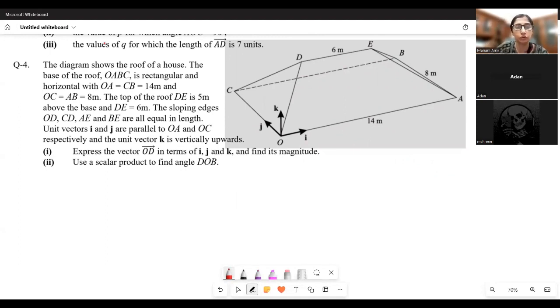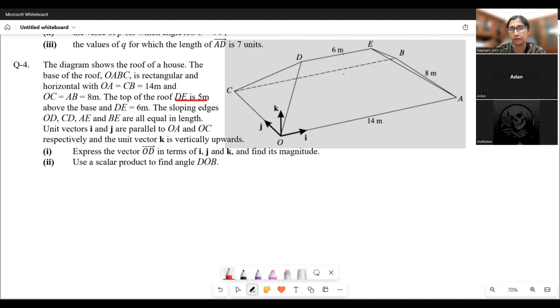The base of the roof OABC is rectangular and horizontal with OA equals CB equals 14 and OC equals AB equals 8. The top of the roof DE is 5 centimeters above the base and DE is equal to 6.